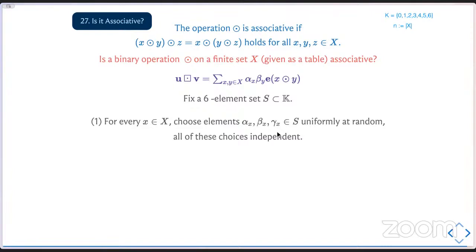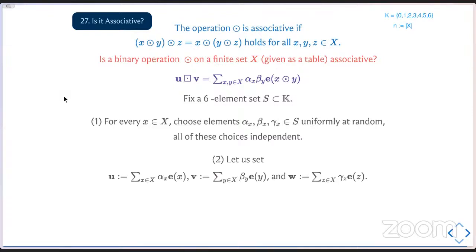So anyway, let's just imagine that. For instance, we had our hearts, diamonds, spades, and clubs. For each of those, we have 3 elements from S picked uniformly and independently at random. These are the vectors that we are going to ping for our non-associativity check.